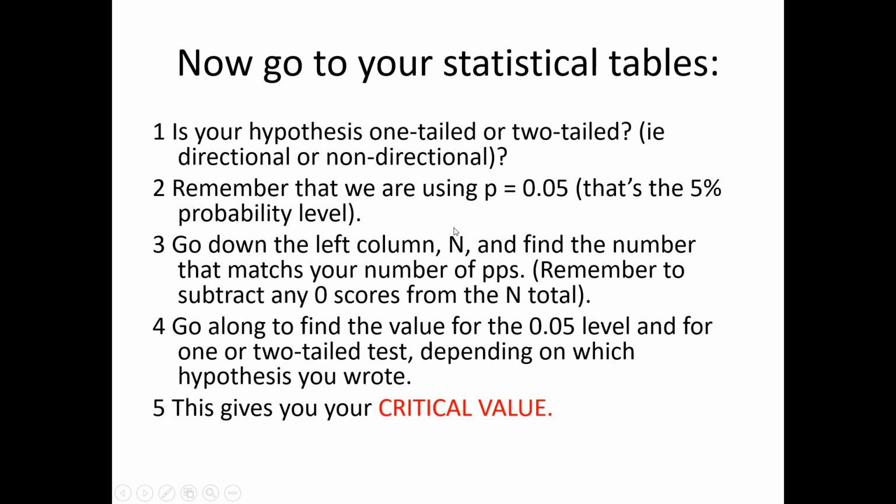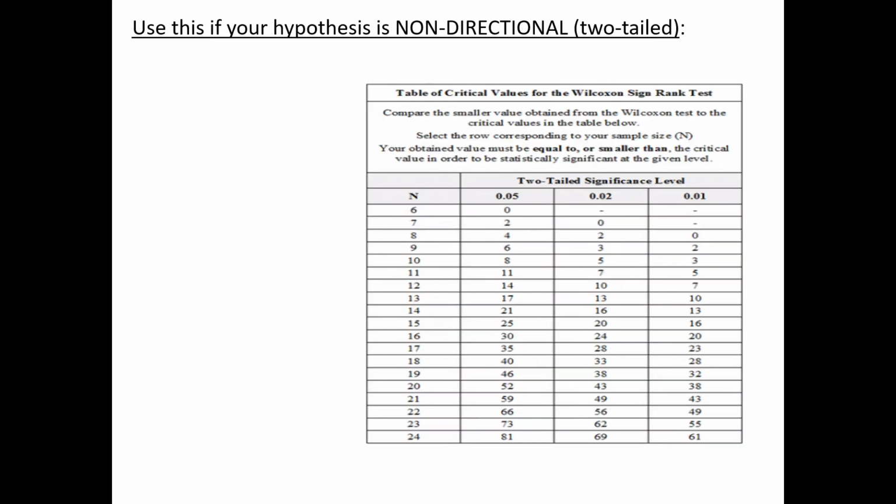So remember that you're going to be basing the initial part of this use of the critical table on the number of participants in your sample. Remember, if you had any 0 scores, 0 differences, you must remove that participant so that you reduce your n value.